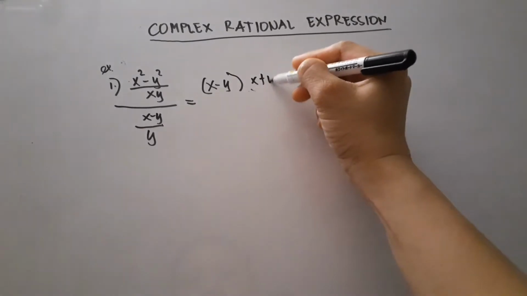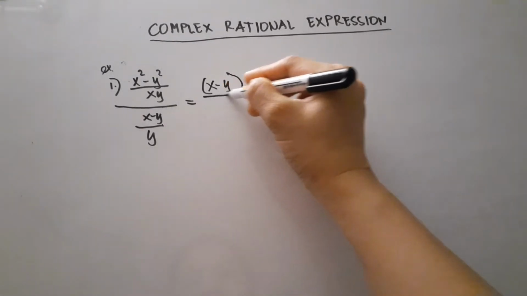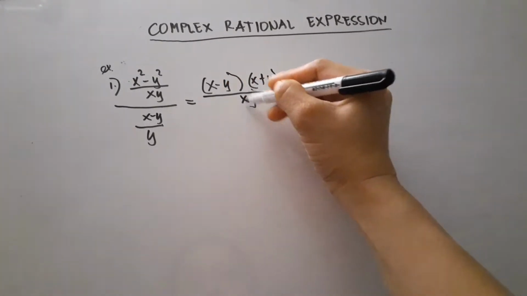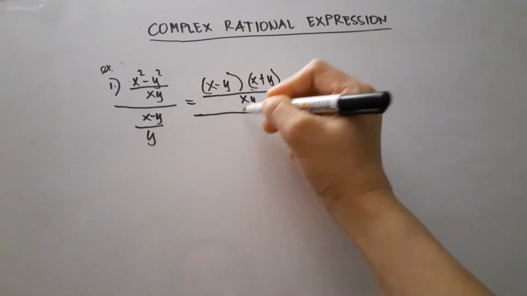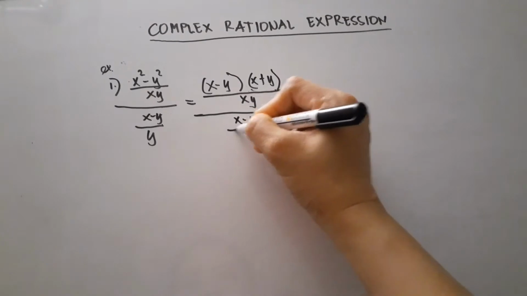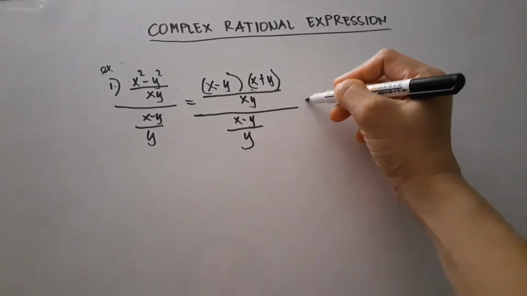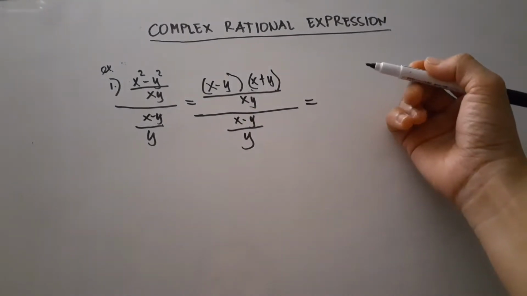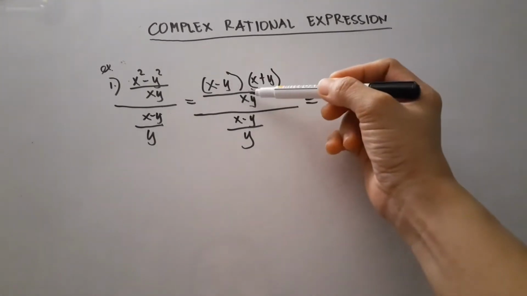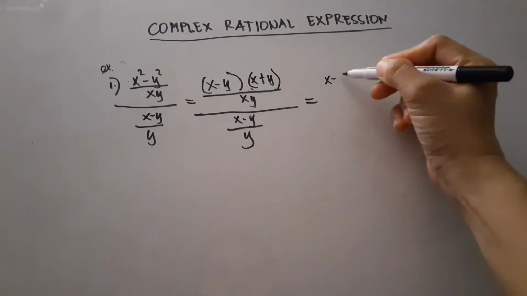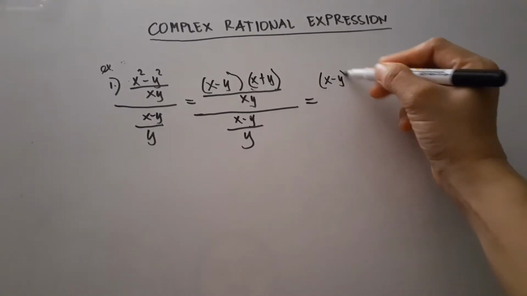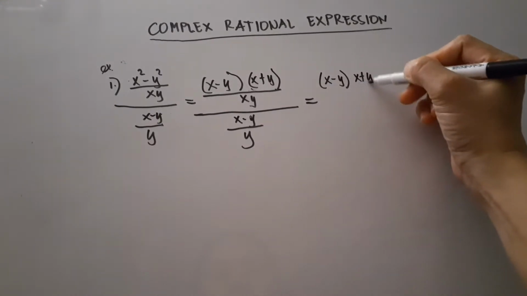We have (x − y)(x + y) as the factors over xy, and then copy (x − y)/y, because it is already factored. As we know the rule in dividing fractions, we flip it by the reciprocal.